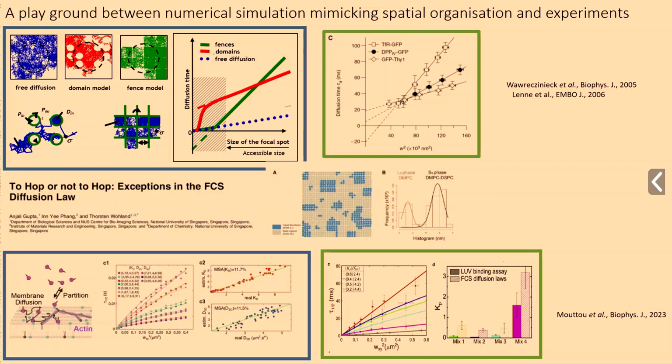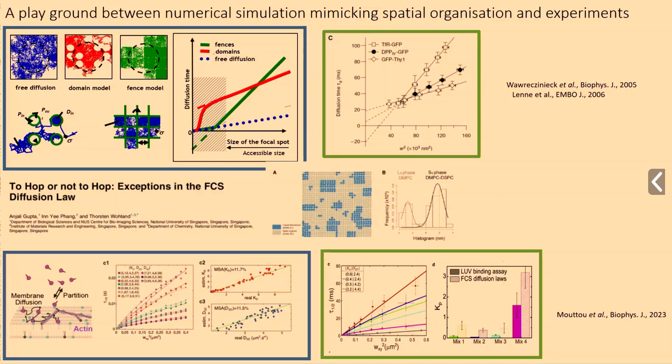Of course, all this is not that simple. You see that even recently, Thorsten released a paper showing, to hop or not to hop, that there are some exceptions in these so-called FCS diffusion laws. And we have also, in the lab, recently extended these FCS diffusion laws to the case of binding, unbinding, diffusion on the surface and diffusion in 3D.